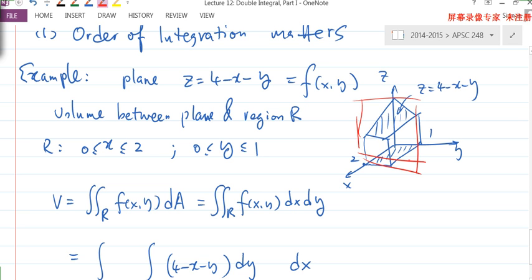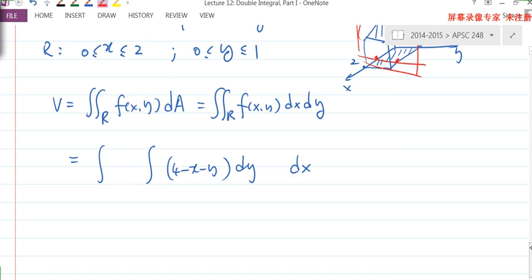The y min, y max is always between here and here, which is actually 0 to 1. So your y min is 0, and your y max is 1.